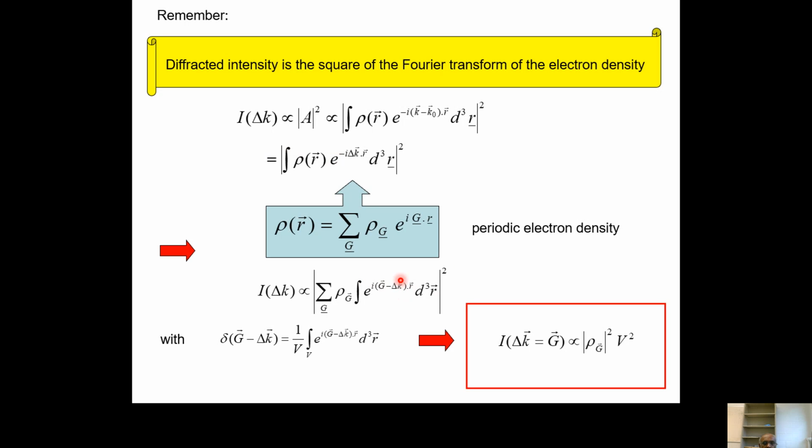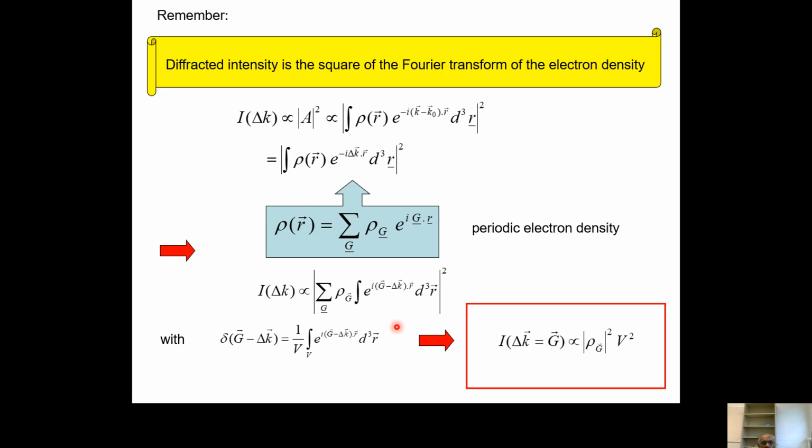So what is this? This is nothing but the delta function definition. If you use the property of the delta function and do the integral, you can substitute G as delta k.